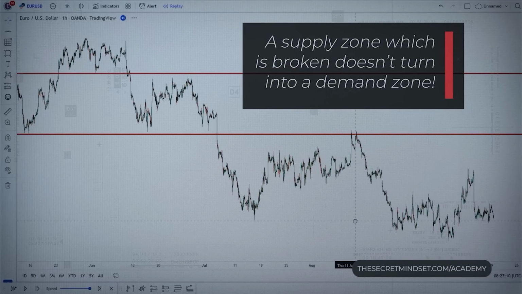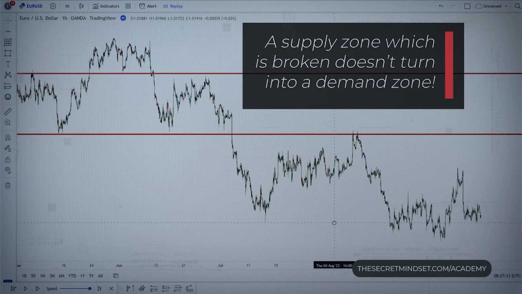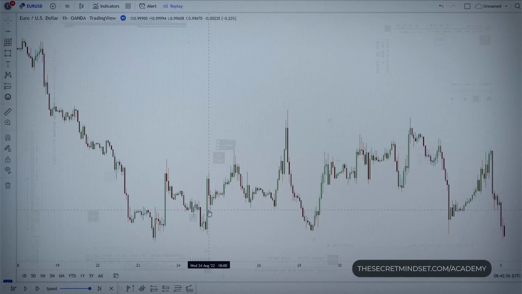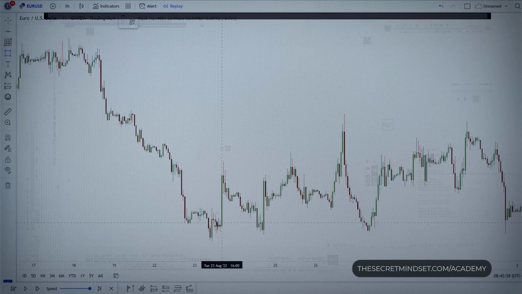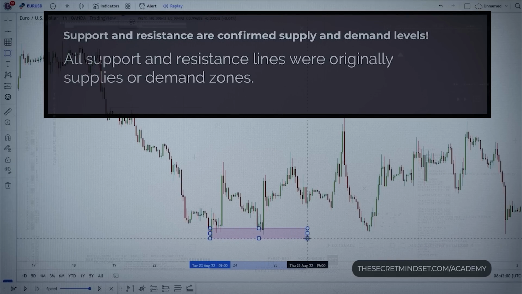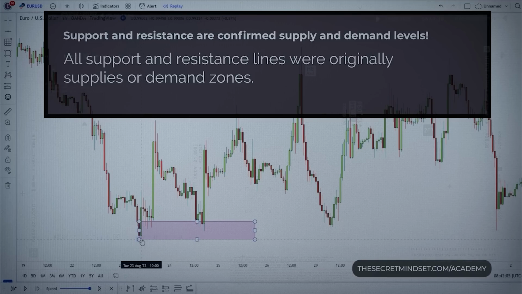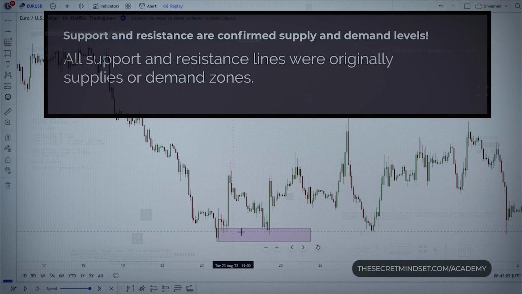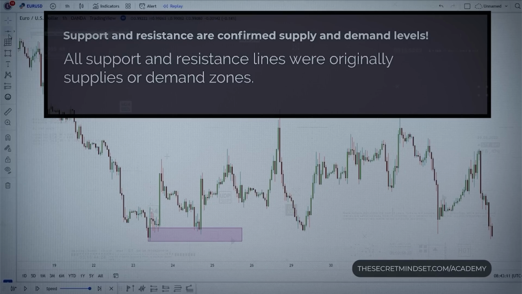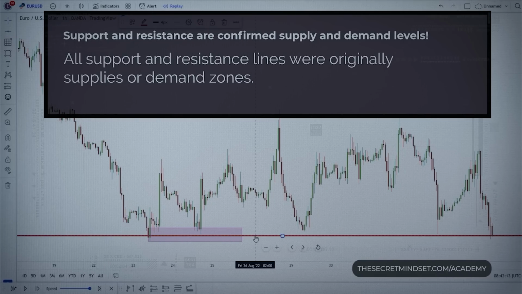Contrary to what some may say, a supply zone which is broken doesn't turn into a demand zone. I would even say that all support and resistance lines were originally supply and demand zones. This is how support and resistance are created. They are essentially the confirmed supply and demand levels.